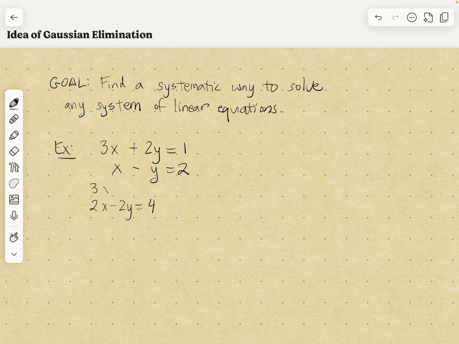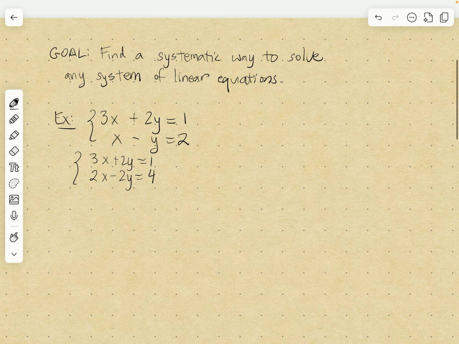And if I combine that with the first equation, so here's my original system. Here's what I get if I multiply the second equation by 2. Now, if I add the two equations, then I'm going to get 5x equals 5.